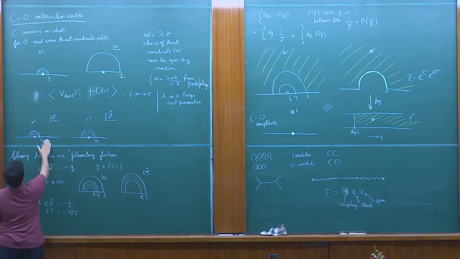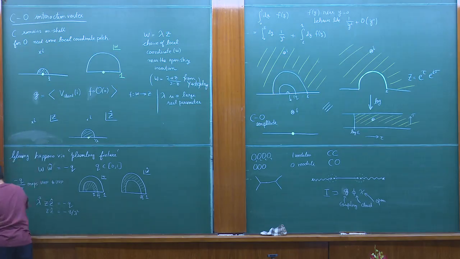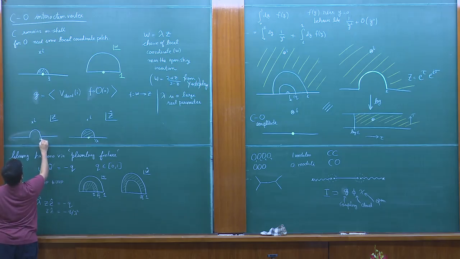Okay, so let me delete this part and actually redraw the whole thing. And in this plane, I stop at square root of q by lambda. Okay? So that's where I stop.